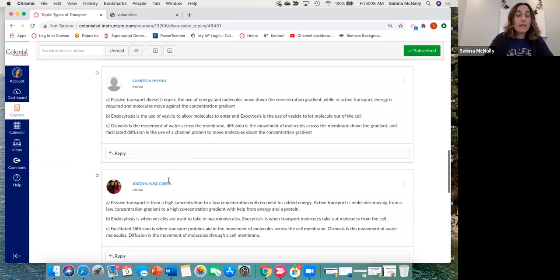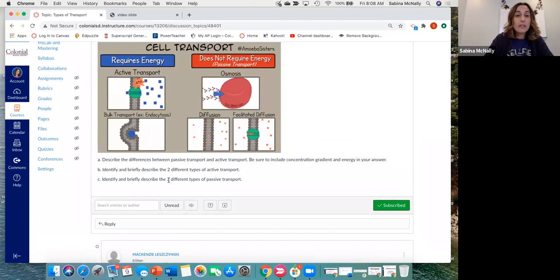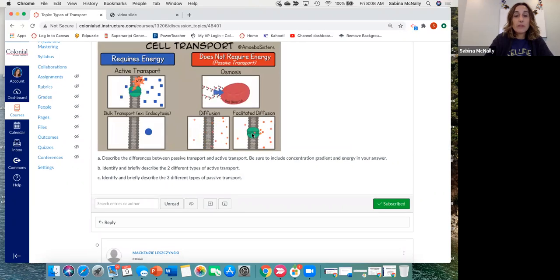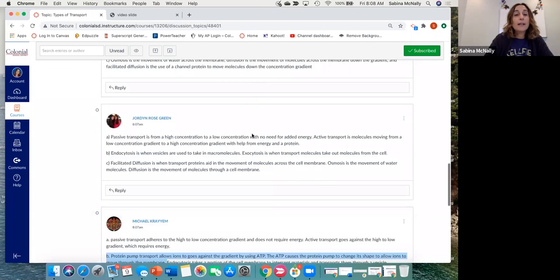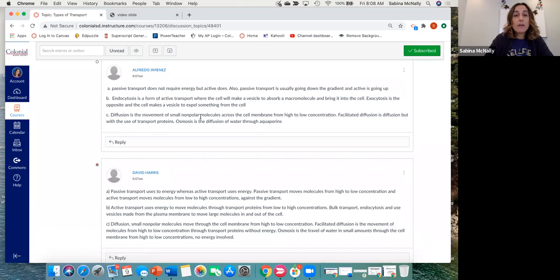All right. And then moving up to our third question here, C, identify and briefly describe the three different types of passive transport. So we got our simple diffusion, our osmosis, and our facilitated diffusion. Let's see, Alfredo. Diffusion is a movement of small nonpolar molecules across the membrane from high to low concentration. Nice work.